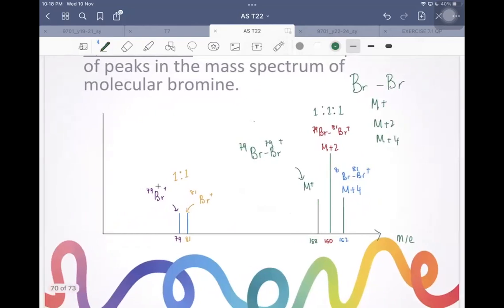So let me add on the last few things here. Bromine is a diatomic molecule. Don't forget to label your y-axis. So there will be 5 peaks or 5 signals on the mass spectrum.